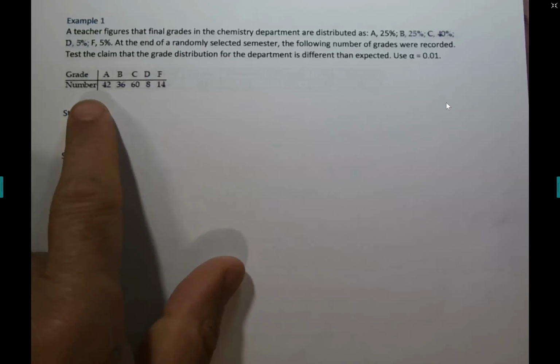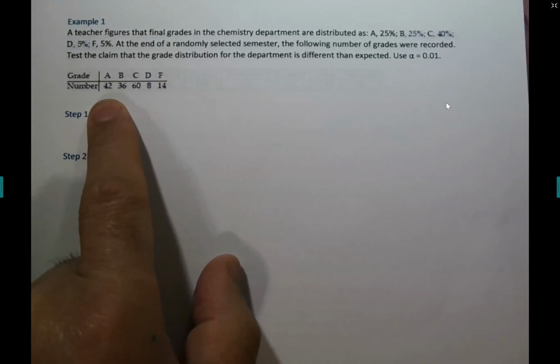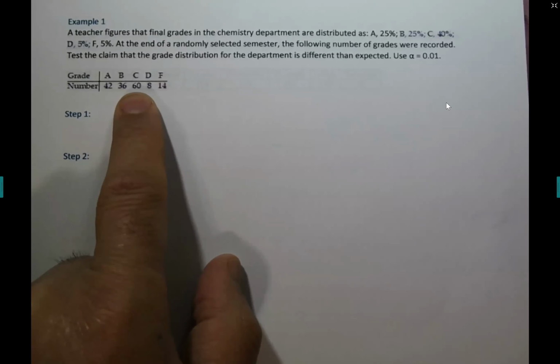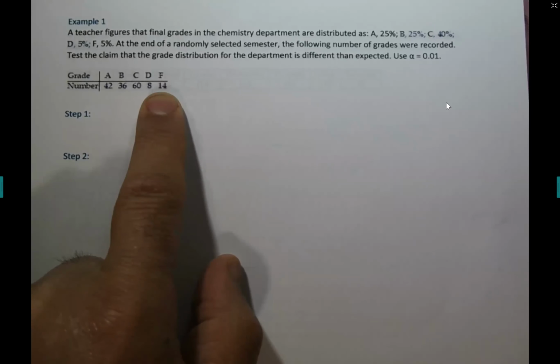These are grades from the teacher's records. If you add them up, there are 160 students. Out of 160 students, 42 earned an A, 36 earned a B, 60 earned a C, only 8 got a D, and 14 got an F.